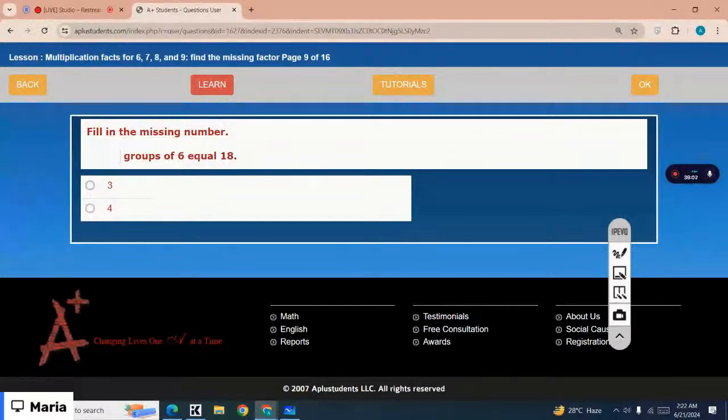The correct option is 3 groups of 6 is 18. Very good. 3 groups of 6 is 18. The correct option is 3.